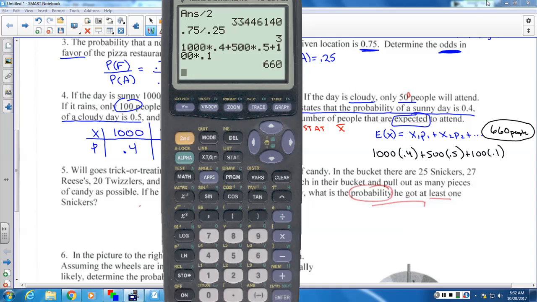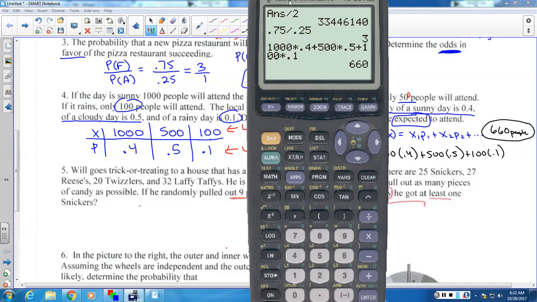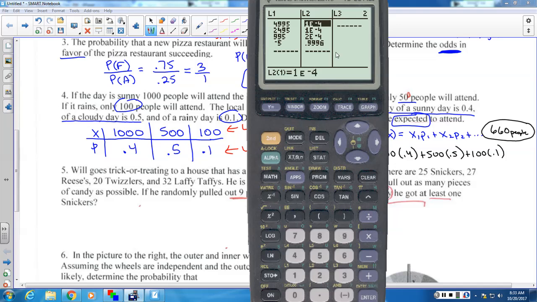If I did it, though, using my calculator, L1, L2, I'd go to Stat, Edit. If I have stuff in there, I arrow up and hit clear and come down. My X values always go in list 1. My probabilities always go in list 2.